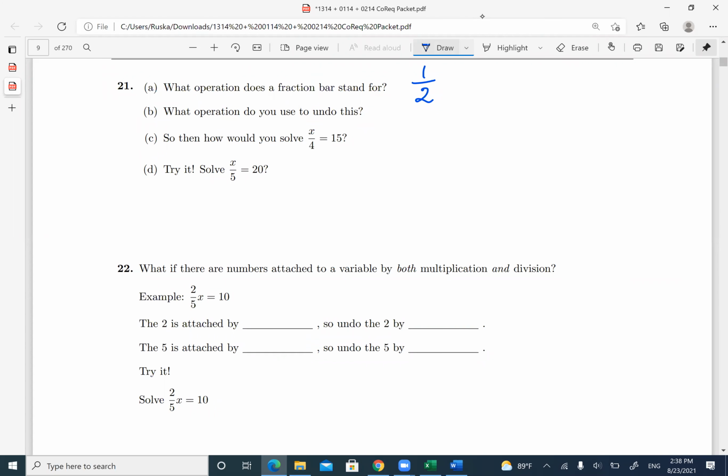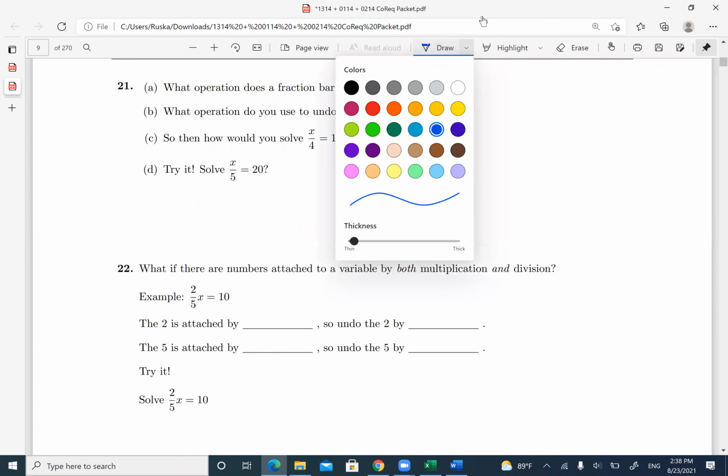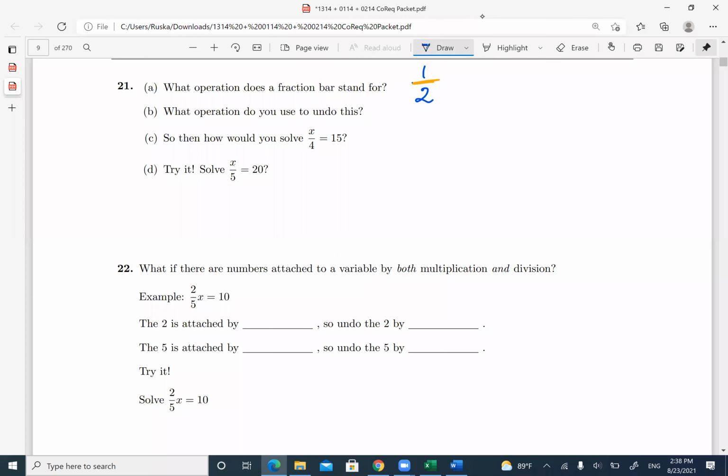The bar, this line here, what is the operation? Division? Yes, absolutely, that's right. So the bar means division. Okay? What operation do you use to undo this operation? What is the opposite of division? Multiplication.